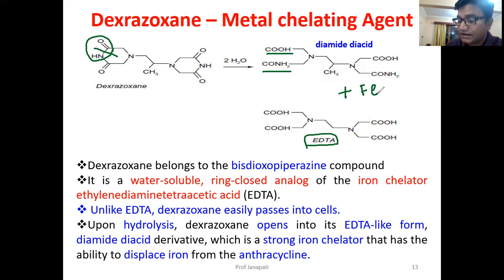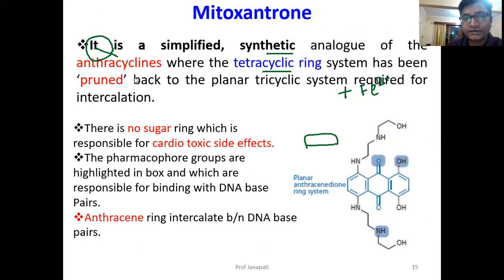So this diamide diacid will react with iron, and when there is no iron, there is no generation of free radicals. So this is how this drug acts.